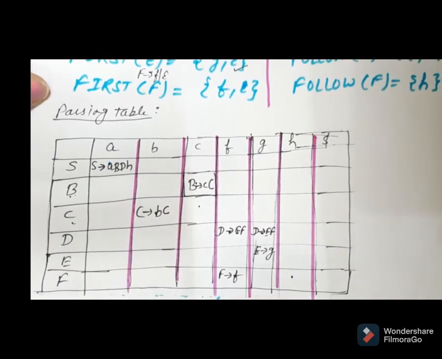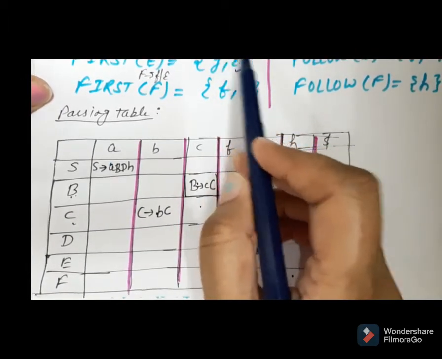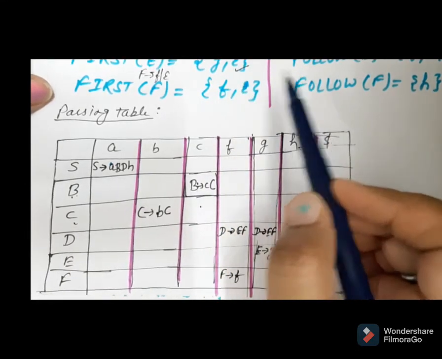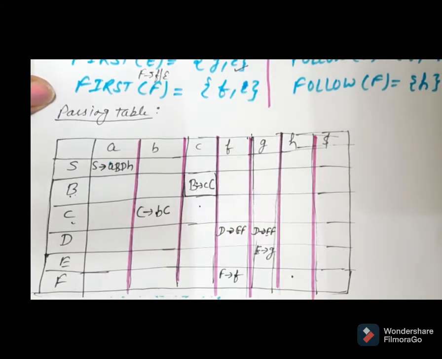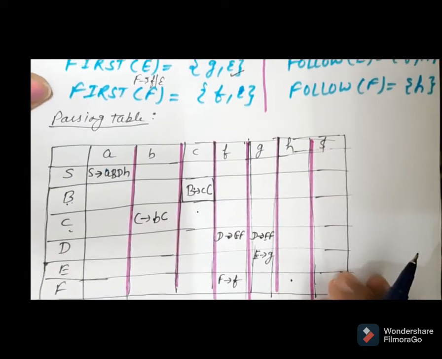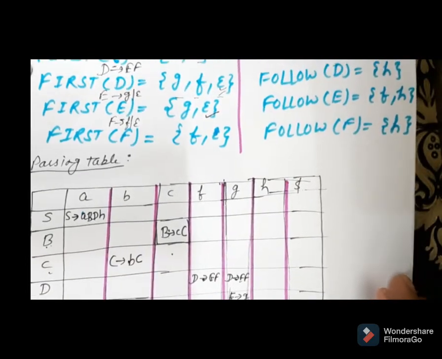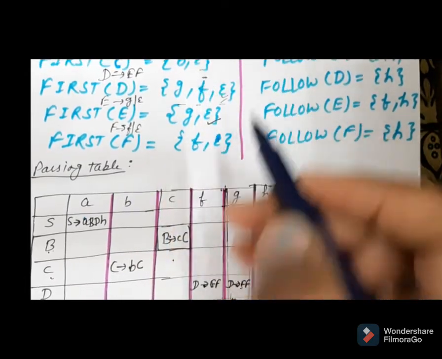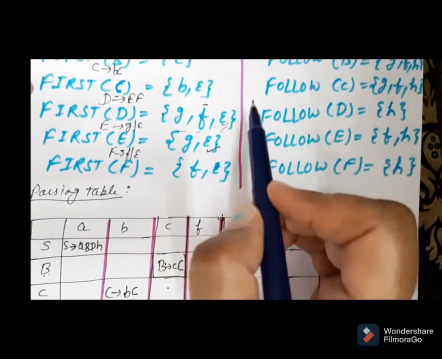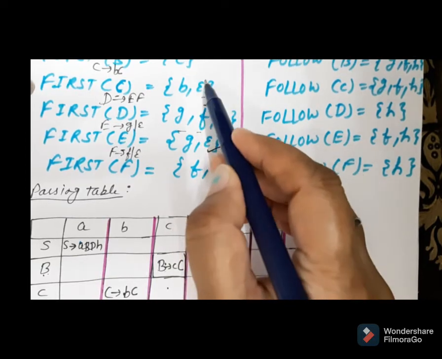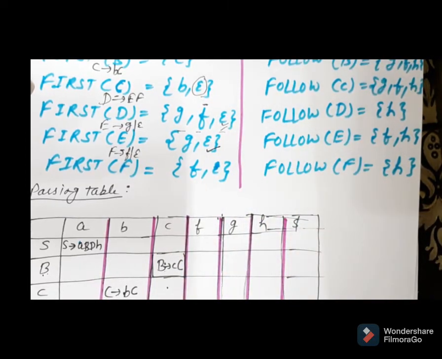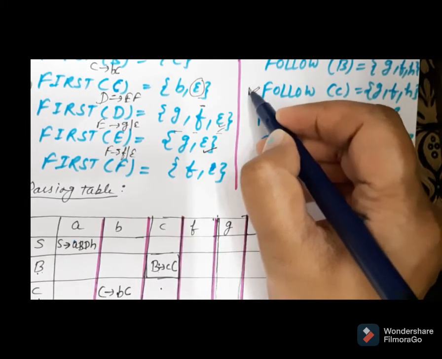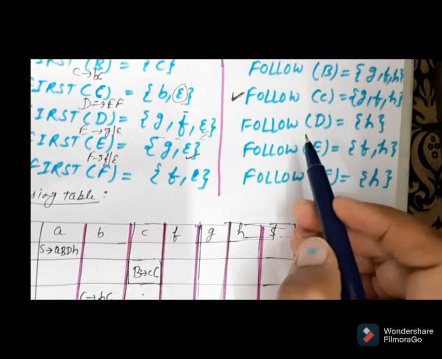And now epsilon is coming in the first symbol, so I have to fill the cells for the follow calculation. And now I will start with this epsilon comes in C. Where is C? This epsilon comes. So I have to first check what is there in the set of follow.